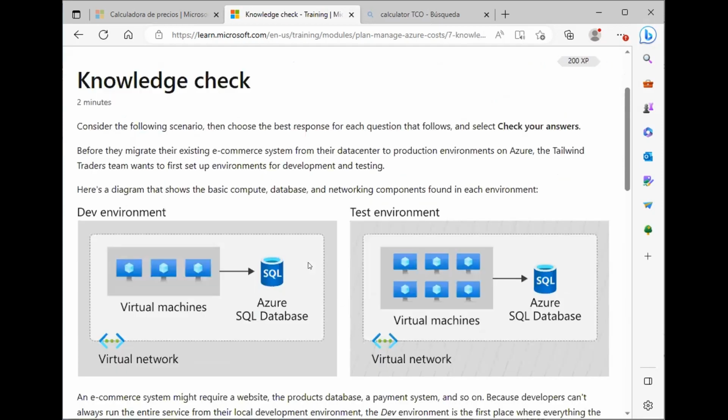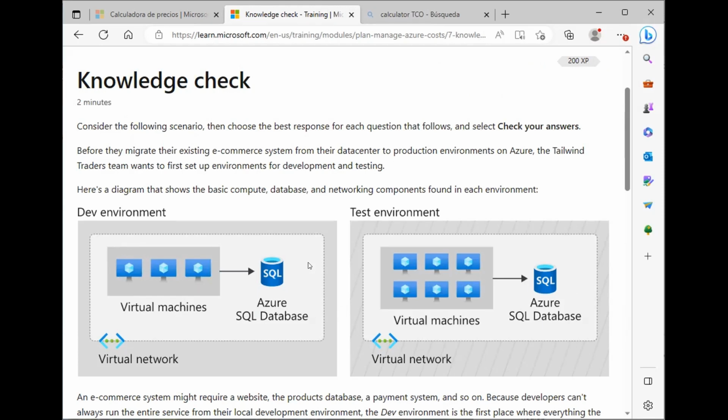Consider the following scenario, then choose the best response for each question that follows, and select check your answer. Before they migrate the existing e-commerce system from their data center to production environments on Azure, the Tailwind Traders team wants to first set up environments for development and testing.